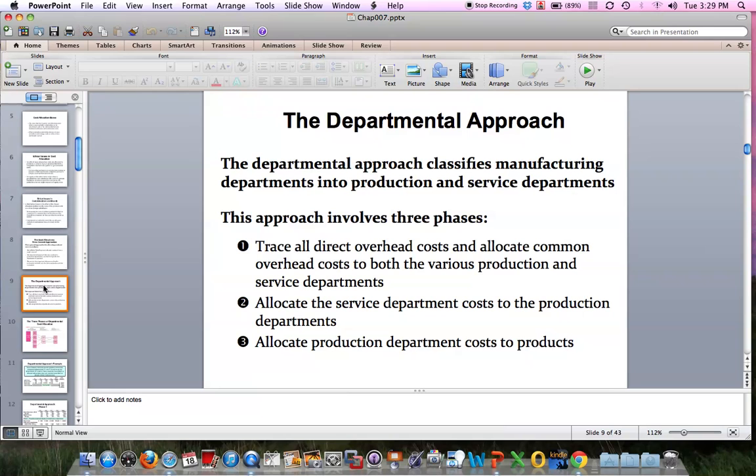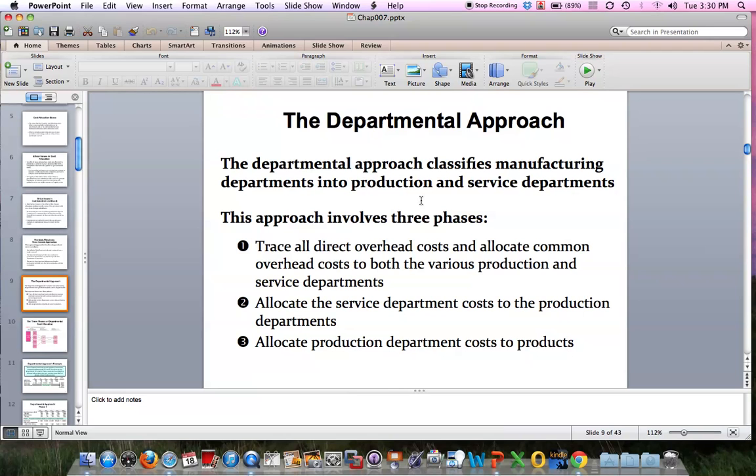First, we're going to classify a department as either a manufacturing department or a service department. A service department might do services that benefit all manufacturing departments or some of them, but not others. But service departments are supporting manufacturing somehow.